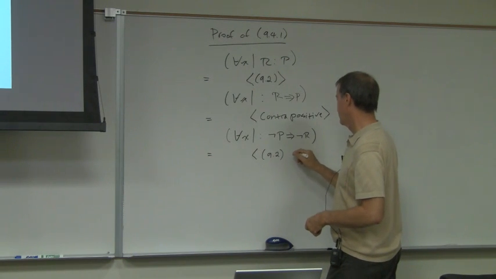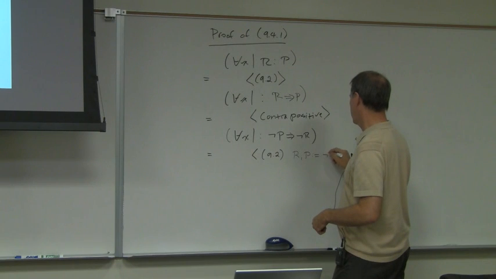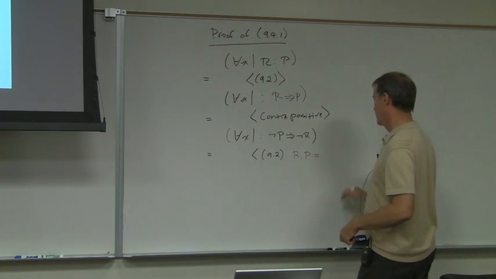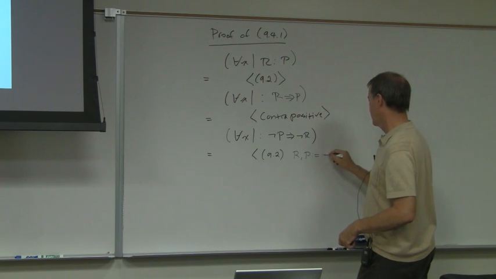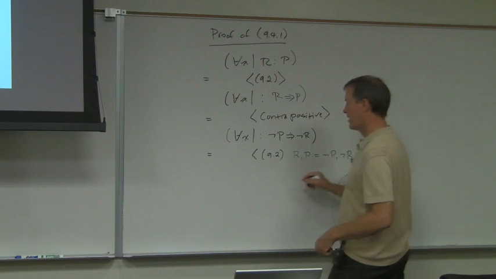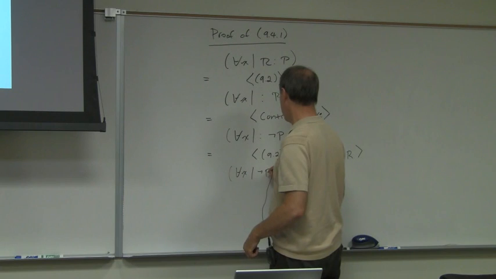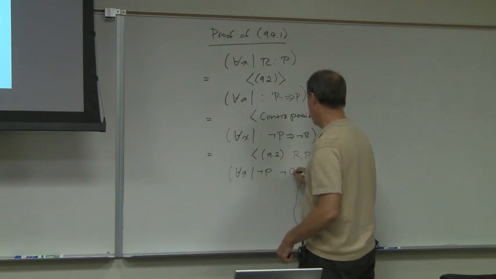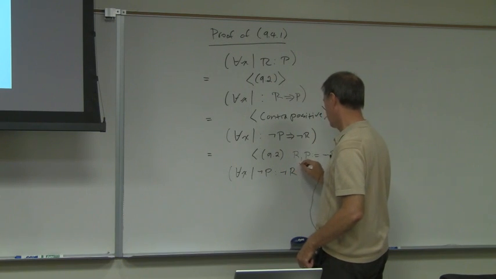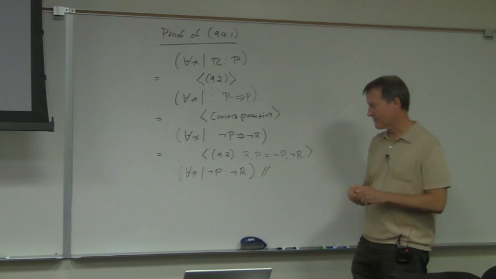Not P implies not R. Okay, and so then that's for all x, range not P, body not R. Boom, we're done. Yeah, that's pretty slick.